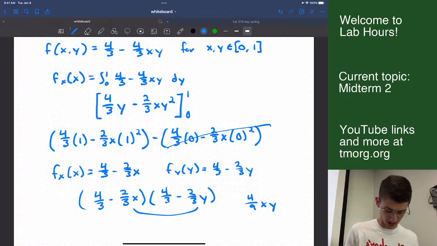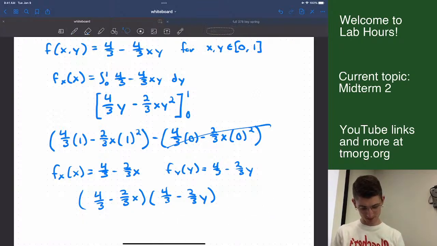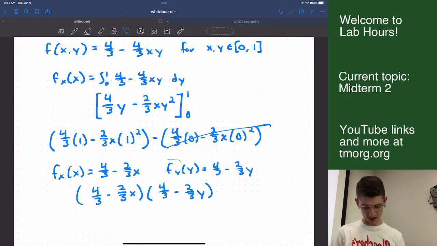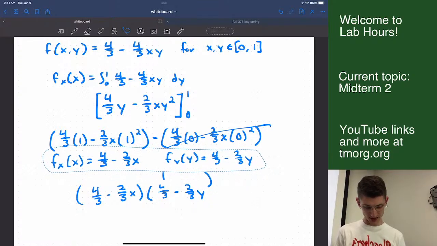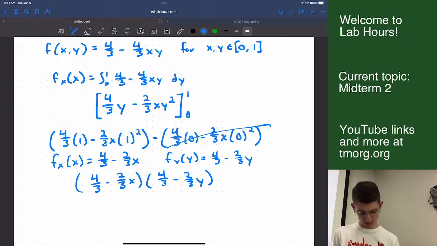So that's pretty interesting. Although actually, hold on. Let's actually check this, because I'm pretty sure they are not independent. However, I have been known to be wrong at times in the past. 4/3 times 4/3 is 16/9.